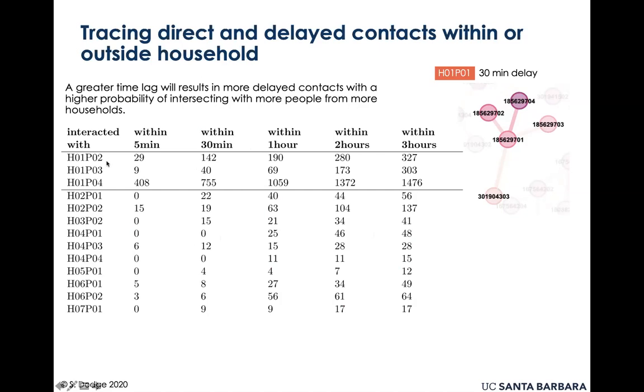So person 1 interacted with 3 individuals of that household, and multiple individuals of other households, although over a period of time. And I should mention that this doesn't mean that they intentionally interacted. It means that they've been at the same location at different timelines.